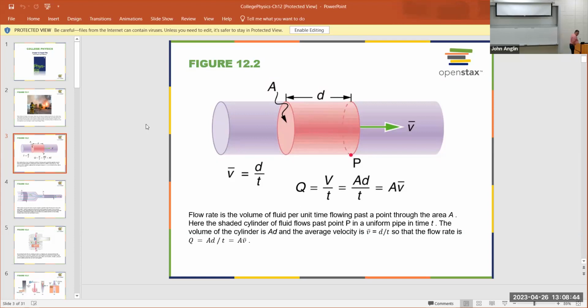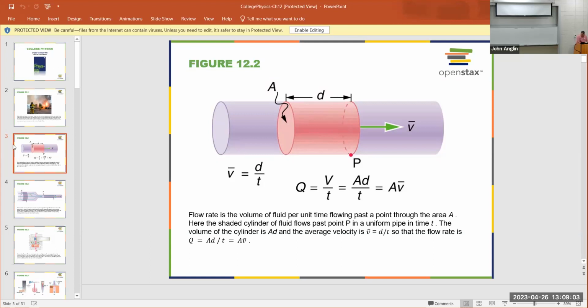So we use all those things, and we take a look at this diagram. We have some cross-sectional area. Let's say we have a circular tube, and its cross-sectional area is A. And we look at some distance the water flows.